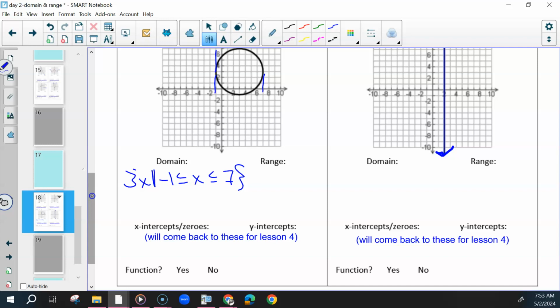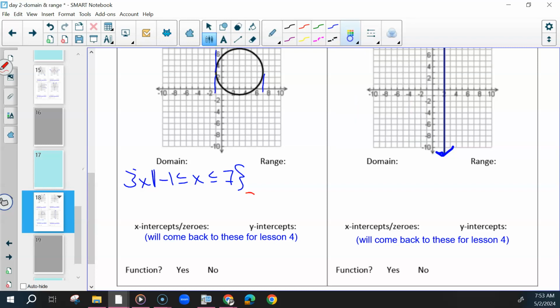Do you have any questions on the domain? Range, lowest to highest.